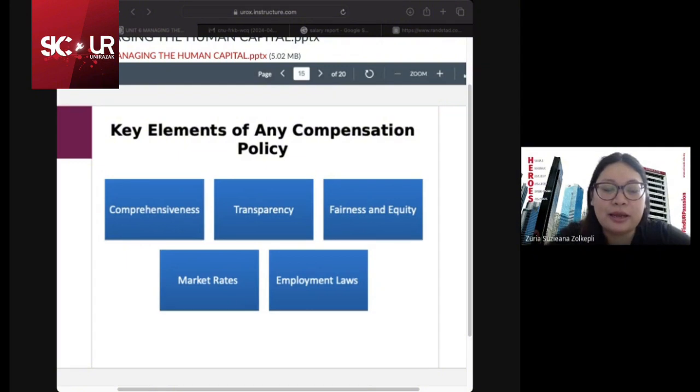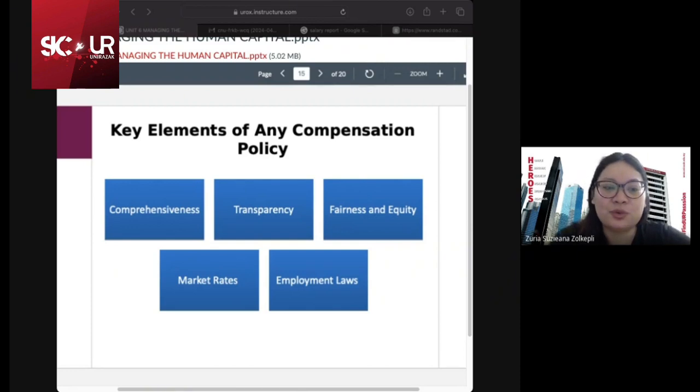And then market rates, should be in line and updated. Employees should receive similar pay to competitors in other organizations, so that they will feel valued. They will feel like it is a good thing that I work here because I get the same.